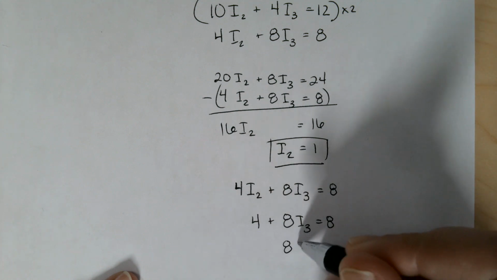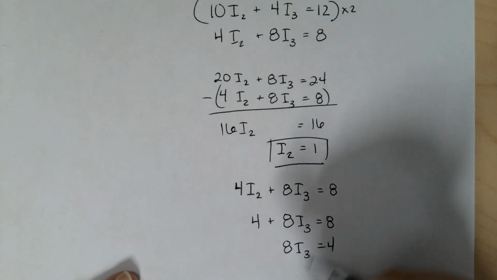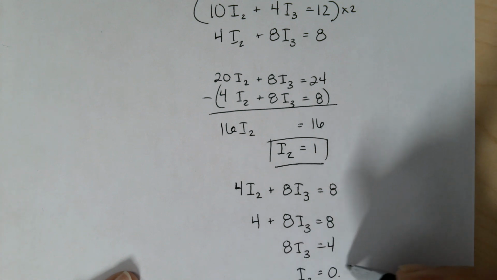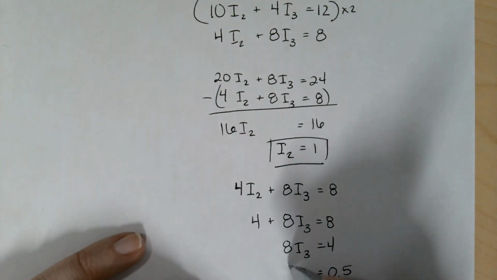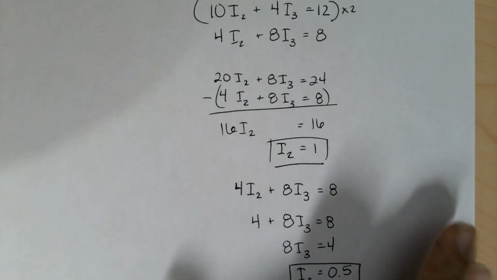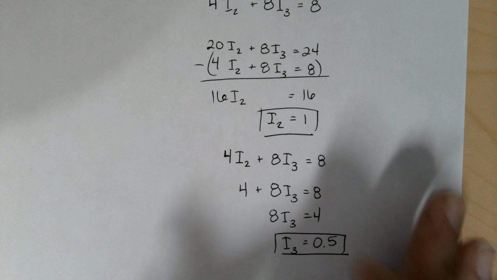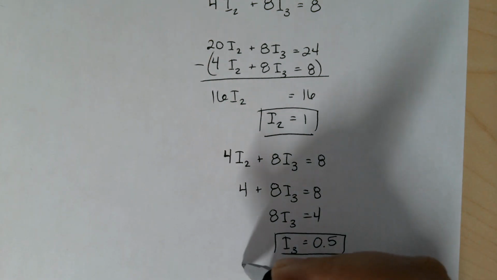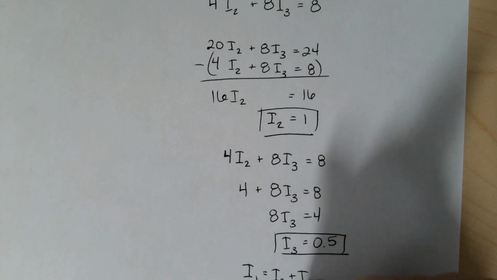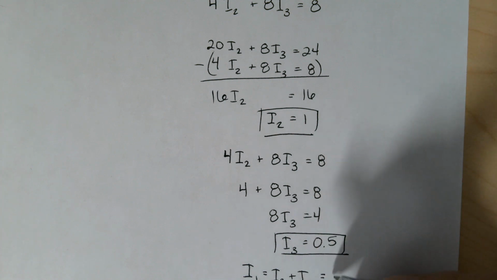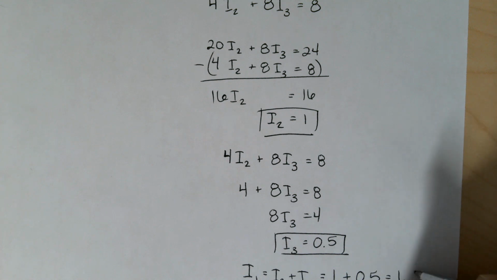Subtract the 4, 8I3 equals 4. I3 equals 4 divided by 8, or 1/2, or 0.5. And now, the last equation I'm going to plug back into is I1 is equal to I2 plus I3, which is 1 plus 0.5, or 1.5.